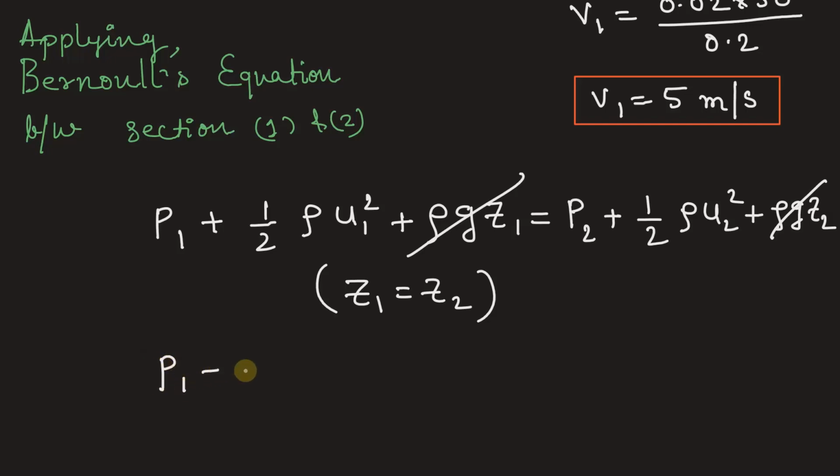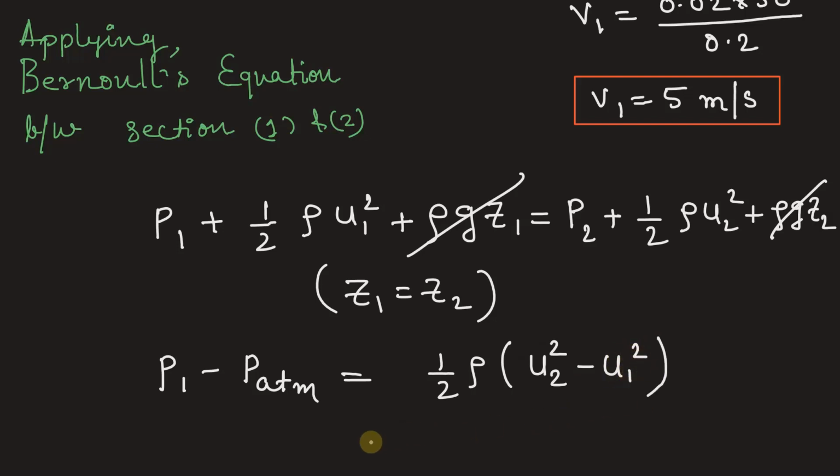So P1 minus P atm will be equal to, now half and rho density is constant, so we'll take half and rho outside, U2 square minus U1 square. Now half into density value is 1.23 multiplied by U2 square, so velocity at section 2 is 50 square minus velocity at section 1 is 5 square.